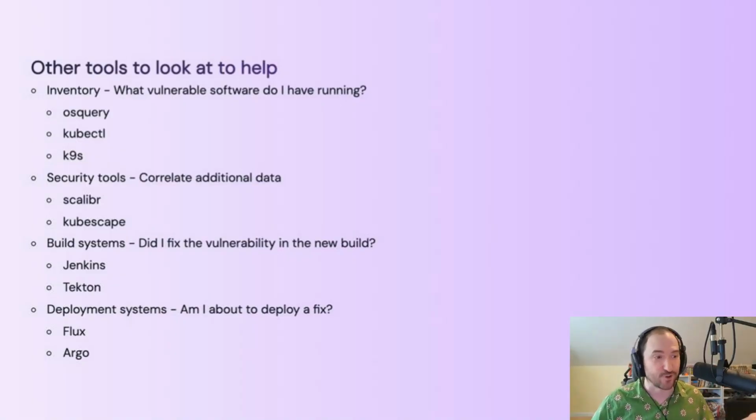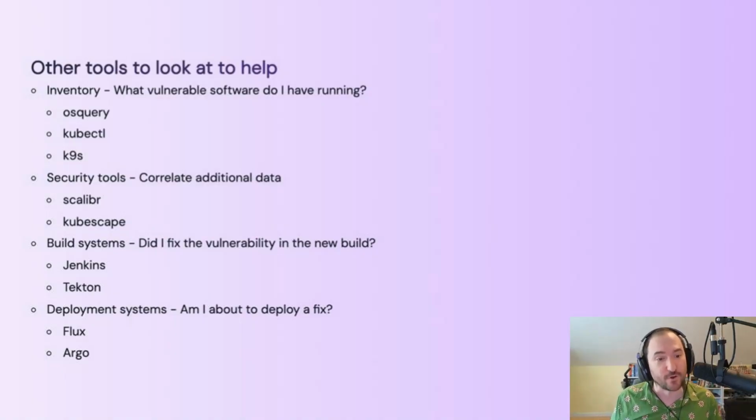There are various other security tools focused on cloud native, like Kubescape, but also just generally tools that can help organize your repos and better understand your project layout, for example, a tool called Scalibr. Integrating all of this with SBOMs as part of your CI process is also hugely important, right? Jenkins and Tekton, your CI system or GitHub Actions or whatever it may be.